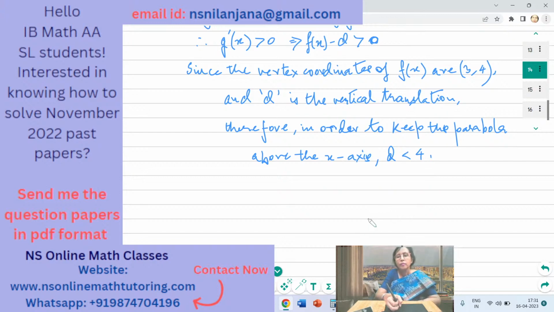Okay? Can be less than 4 includes the negative values as well. Okay? So D is less than 4.